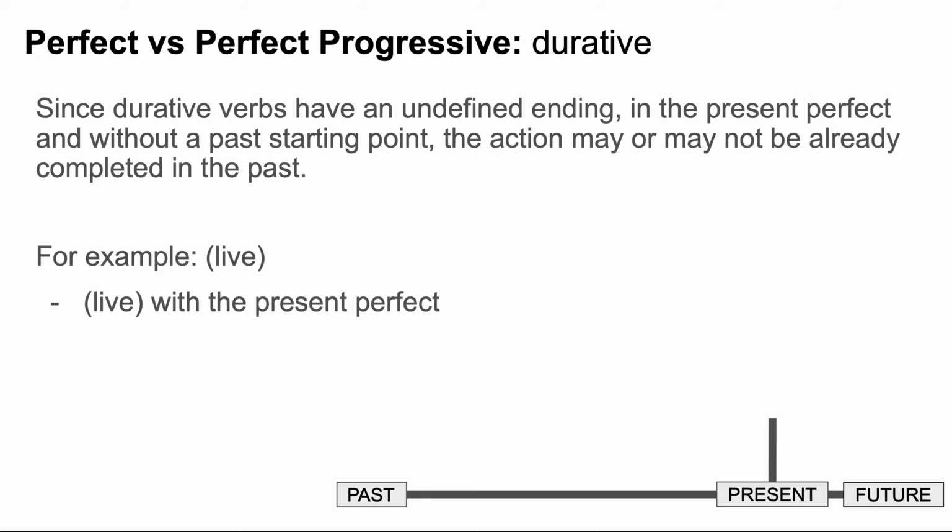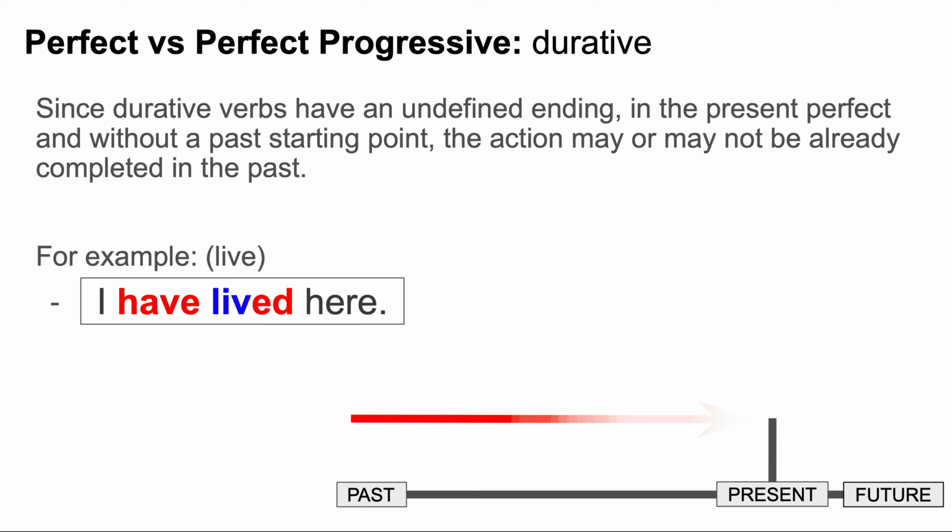Since durative verbs have an undefined ending in the present perfect and without a past starting point, the action may or may not be already completed in the past. For example, live with the present perfect. I have lived here. This could be a past experience or an action continuing into the present.